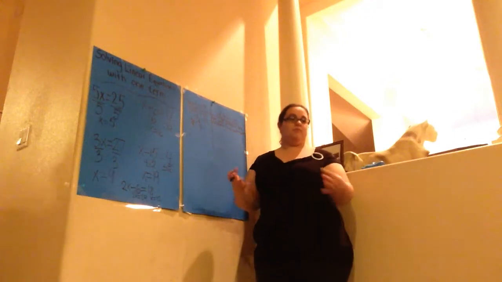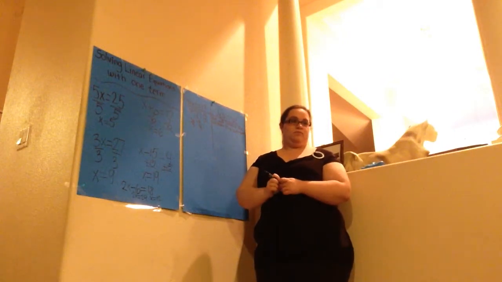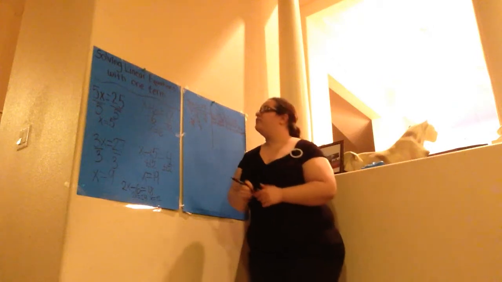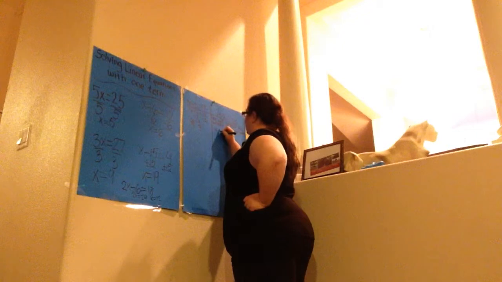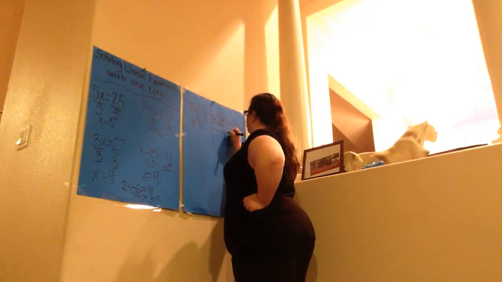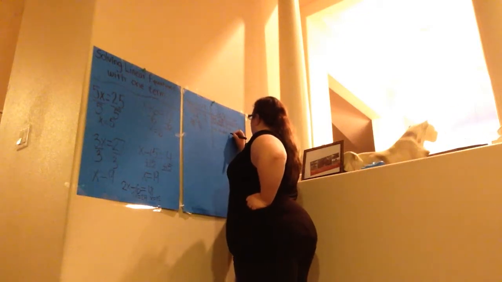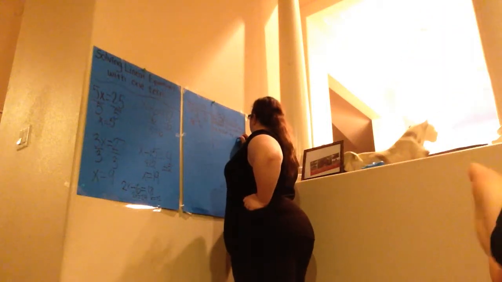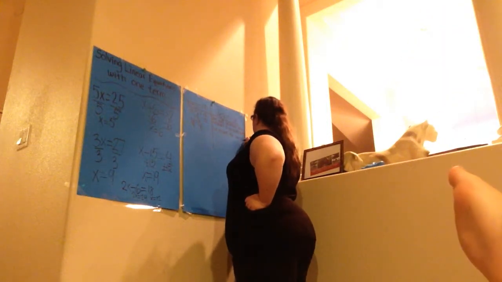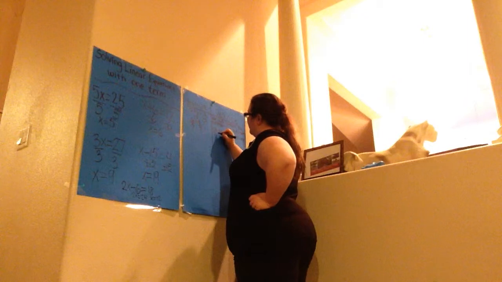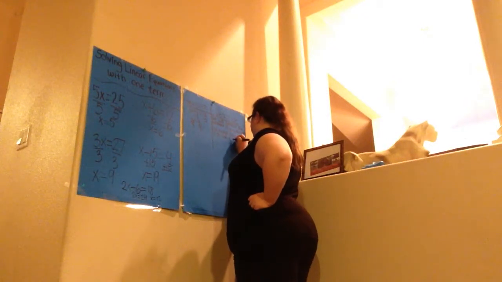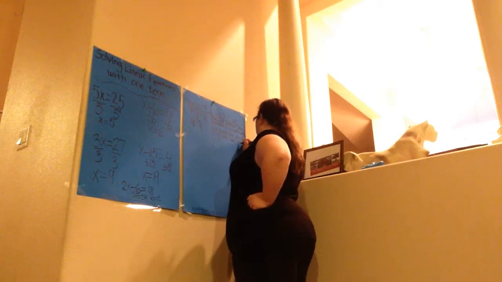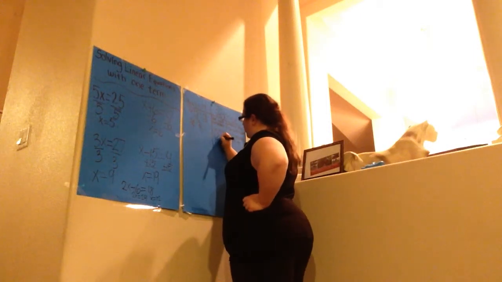Divide by the variable number on each side. Very good. So we can say we divided the variable 3 on both sides to solve for what? x.